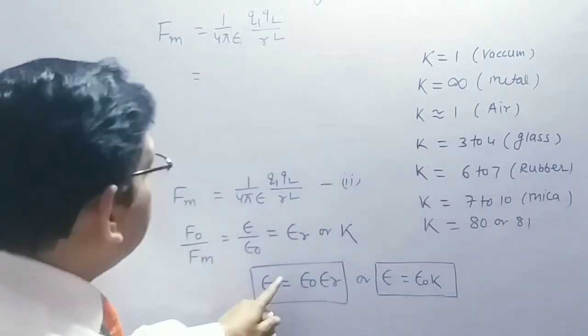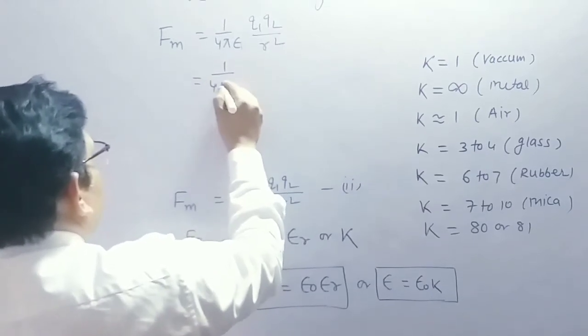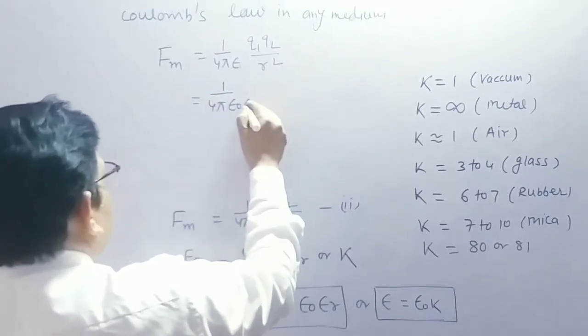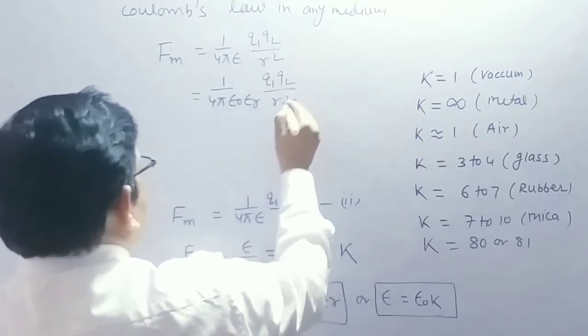And what is the value of epsilon from here? Epsilon naught epsilon r. So 1 by 4 pi epsilon naught epsilon r q1 q2 by r square.